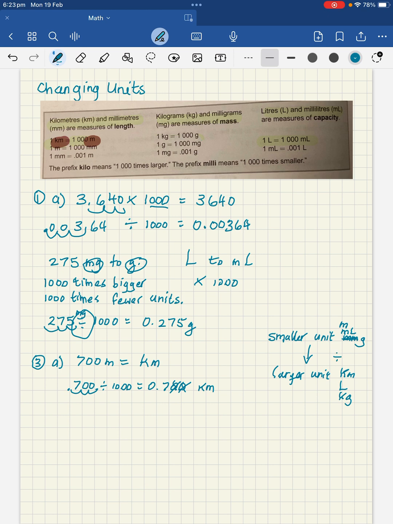Okay, but if you're working this way, then you're going to times. Okay, so from smaller unit to larger unit, you're dividing. From larger unit to smaller unit, you are multiplying. Okay, so you can do that question now.